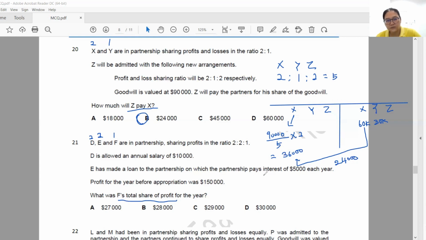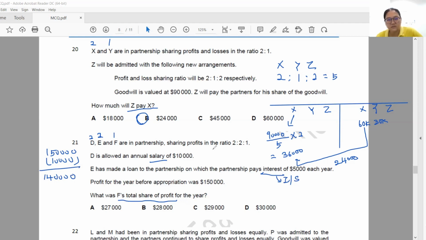So here, the interest on loan is under the income statement, so it's not under the appropriation account. Therefore, only the salary needs to be deducted from here. So 150,000 minus 10,000 is left with 140,000.